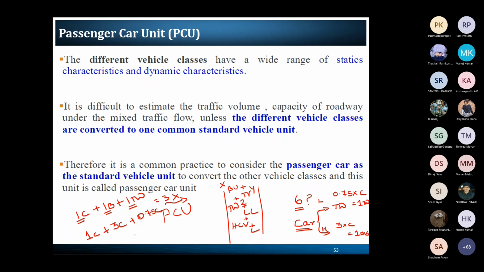When adding together, 4.75 PCU is the unit we get. So this is the equivalent when we are considering one car, one bus and one two-wheeler. This is the understanding we can get. What is the passenger car unit?